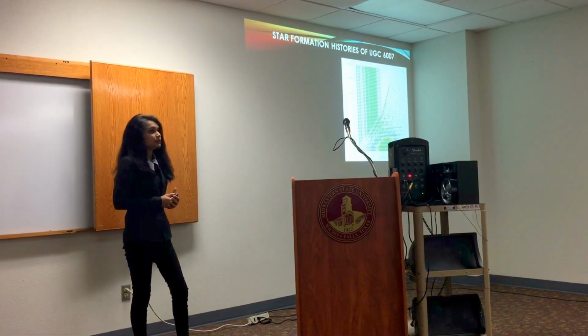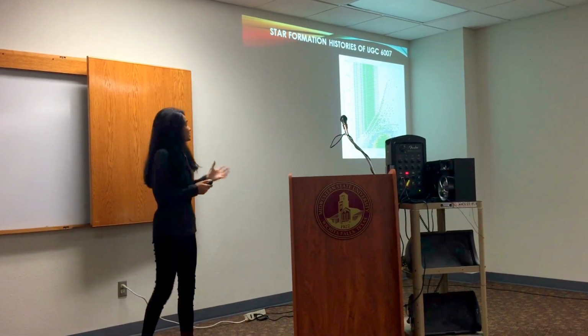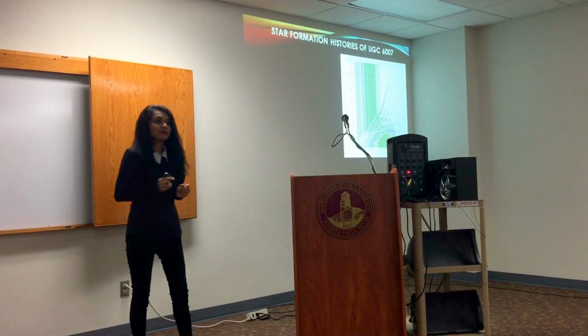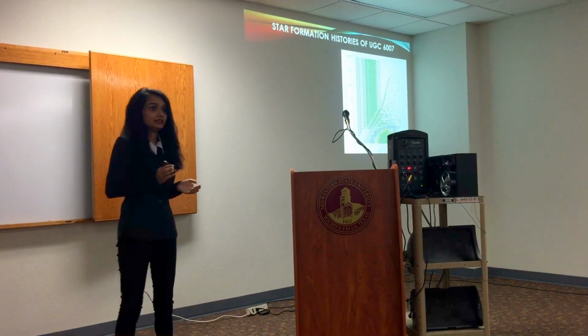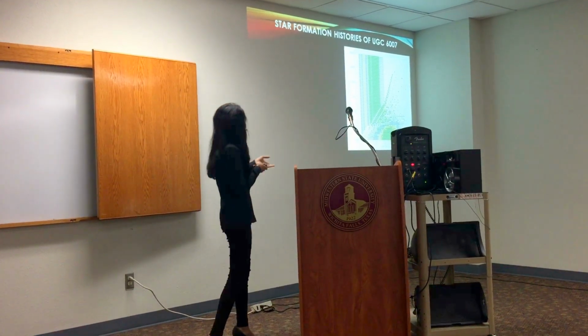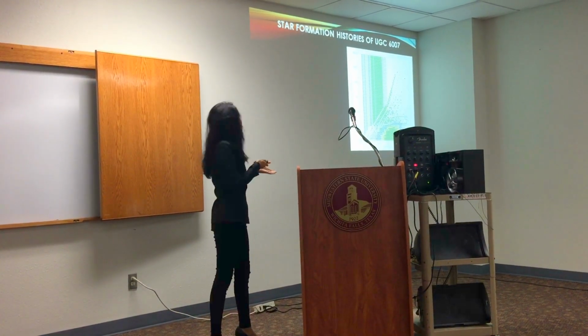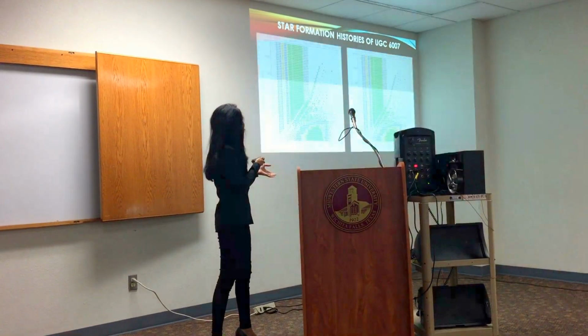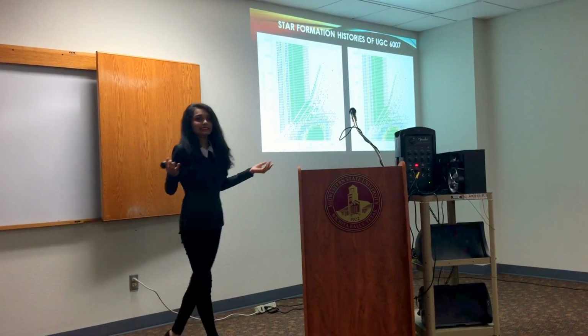The next shows you the star formation history of the same galaxy, but I changed the metallicity value of the galaxy. As you can see, this also looks similar to that. If you compare the two, they're both basically the same.